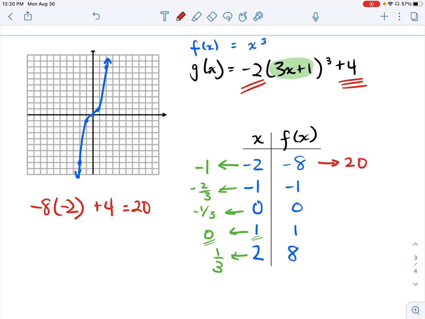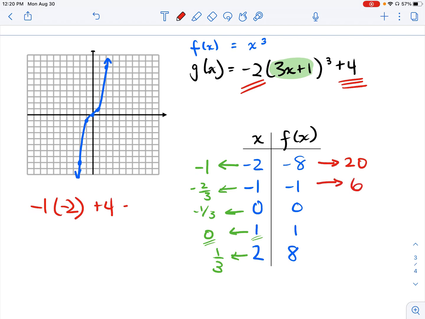So we did -8, the original output for our parent function. We vertically stretched it by 2, so we went from -8 to -16, then reflected it, which was +16, and then we vertically shifted it up 4, which gets us at 20. Same deal, we're going to rinse and repeat that for -1. So -1 times -2, which is +2, plus 4, that goes to 6.